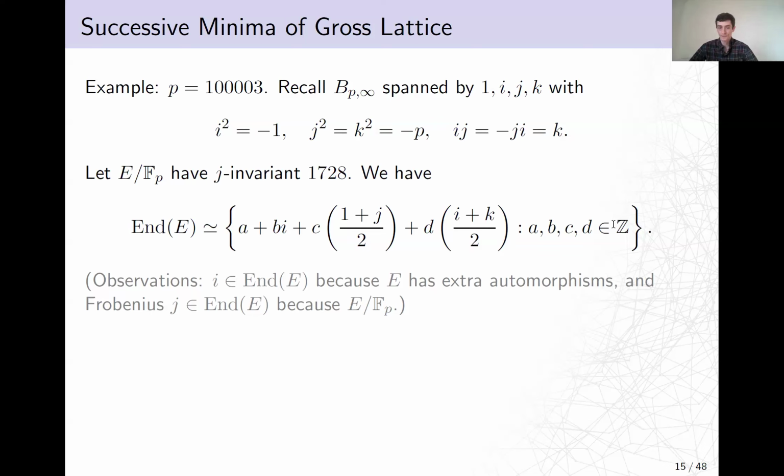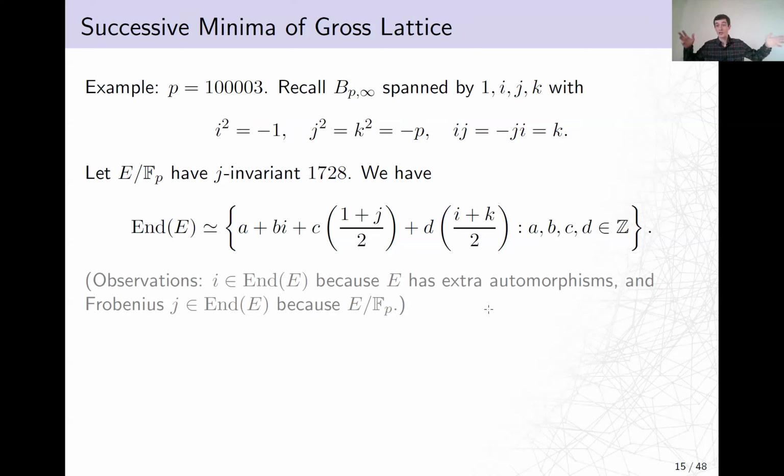So it's generated by 1, by i, which is this extra automorphism that the curve of j-invariant 1728 has, and then these 2 extra elements, (1+j)/2 and (i+k)/2. Now I want to observe that if we take this element (1+j)/2, multiply it by 2 and subtract 1, I get the element j whose square is minus p. And so that element is actually the Frobenius endomorphism, which exists because our curve is defined over F_p.